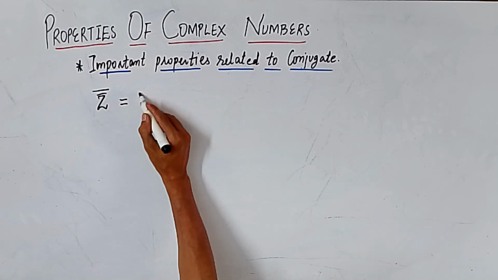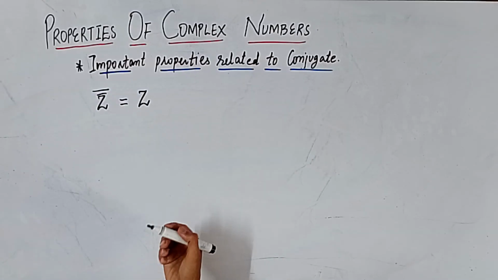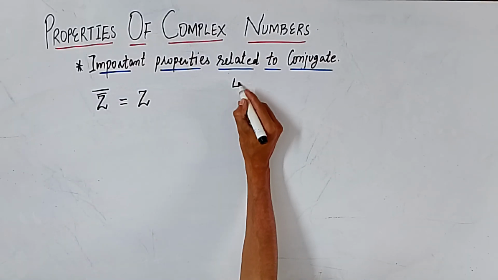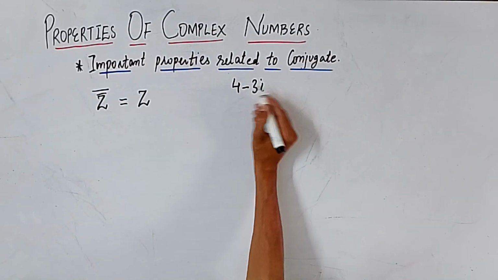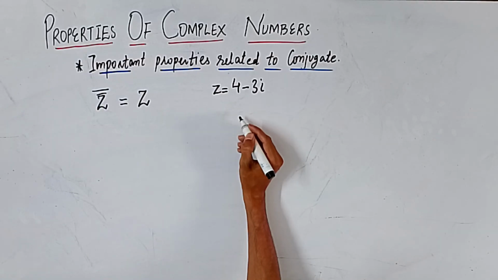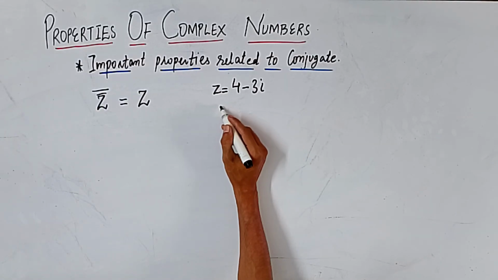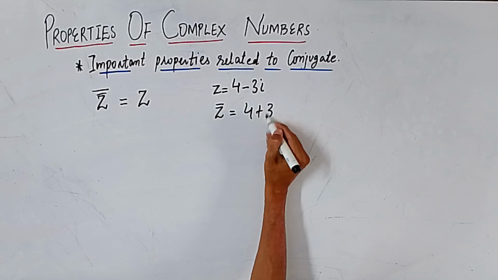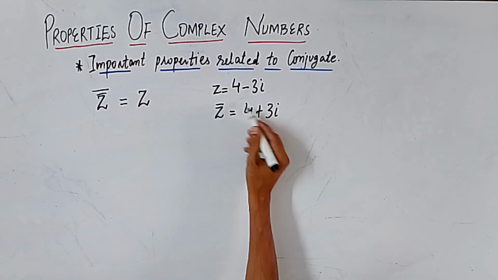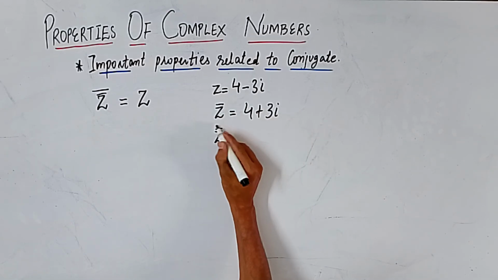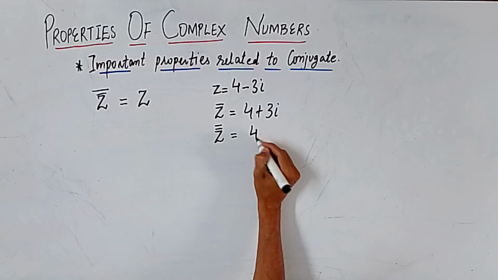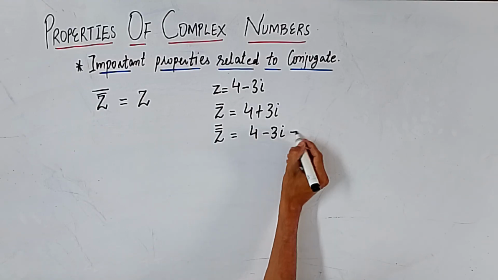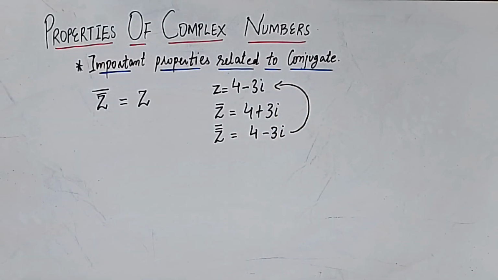You will get the original complex number again. For example, if you have a complex number 4 minus 3 iota, which is your original number, and you take its conjugate, it will be 4 plus 3 iota. Then if you take the conjugate of this again, which we call the double conjugate, you will get 4 minus 3 iota again. This is one of the properties.